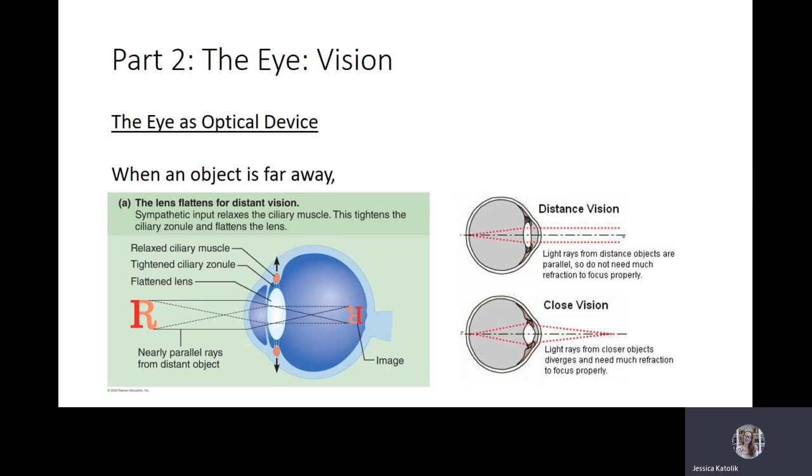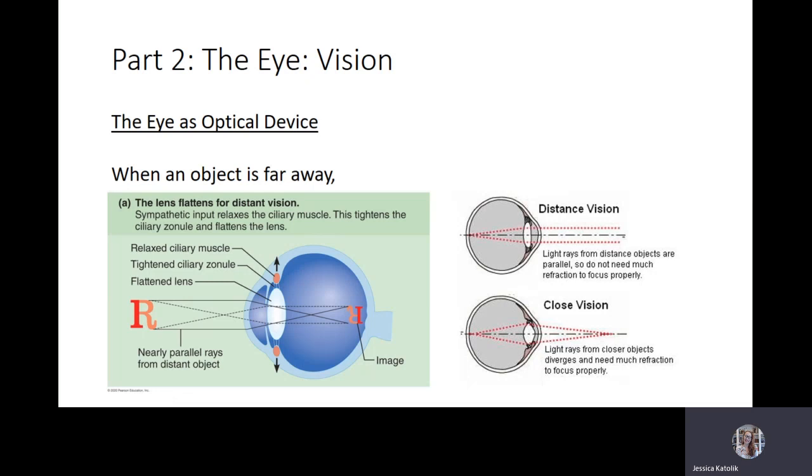So if the light is parallel, it will enter the eye, and as it passes through the curvature of the cornea, the light will bend inward and hit the lens.